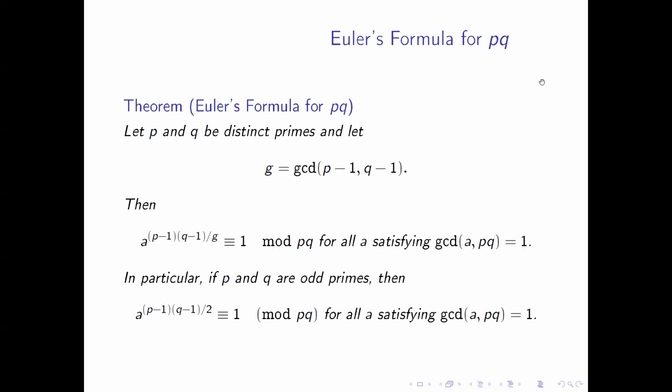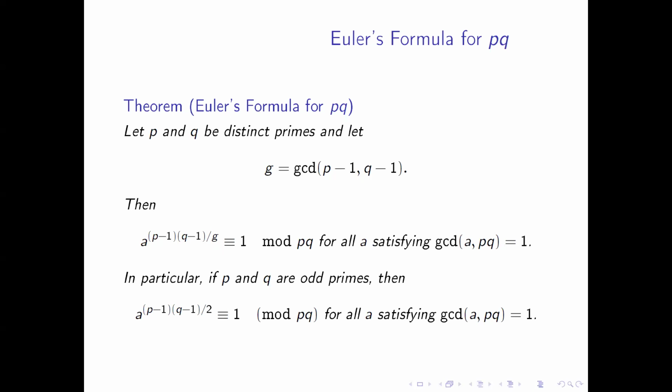Then A to the (P minus 1)(Q minus 1) over G is congruent to 1 mod PQ for all A, where A is relatively prime to PQ, which really means A is not a product of P or Q, because they're already primes, and A is hopefully smaller. So yeah, we're good.